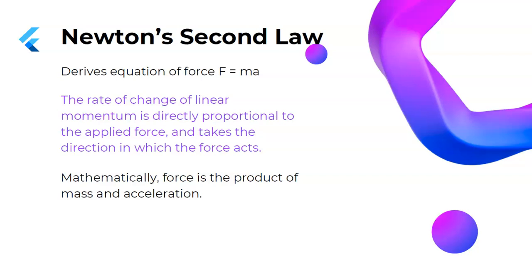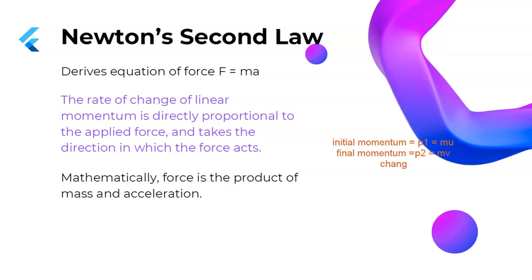suppose the initial momentum of a body is P1, that is equal to m into u. Its final momentum is equal to P2, that is m into v.